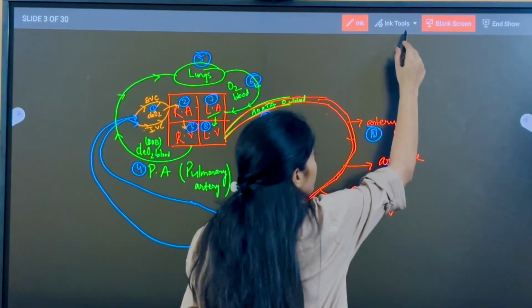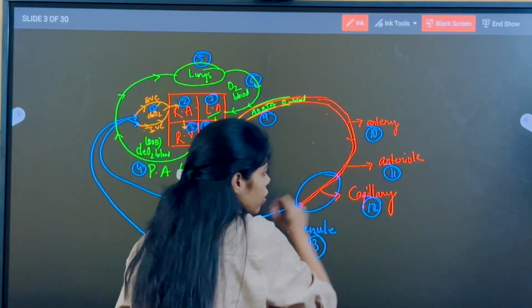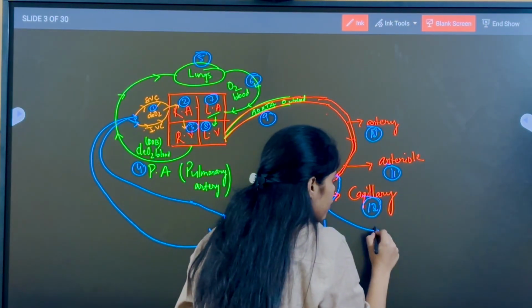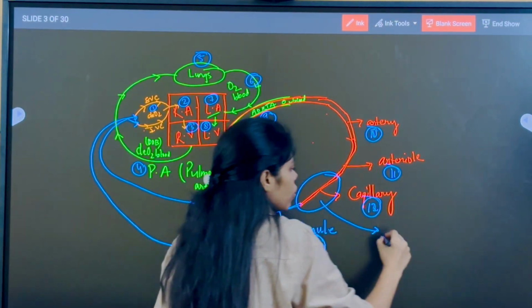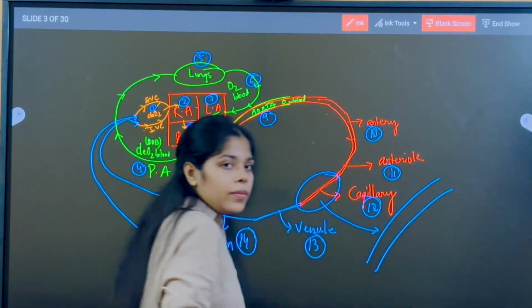Okay. Now, if we see this capillary portion, we'll zoom in on it. So, this is a capillary.